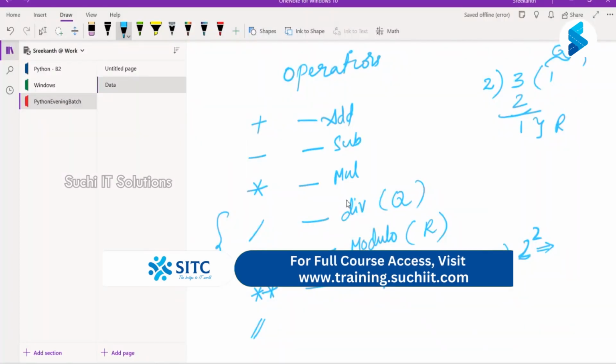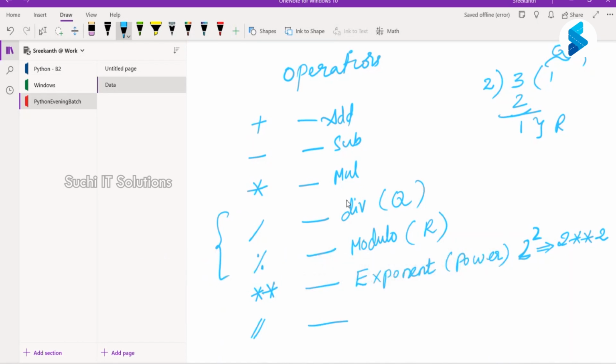So if I have to represent this in Python programming, I will say 2 star star 2, which is 2 power 2. Are we clear? And then you have a double slash operator.